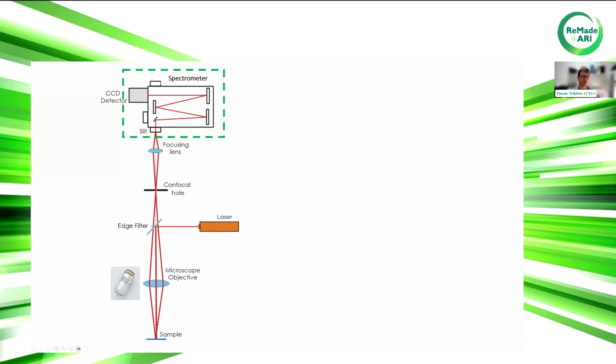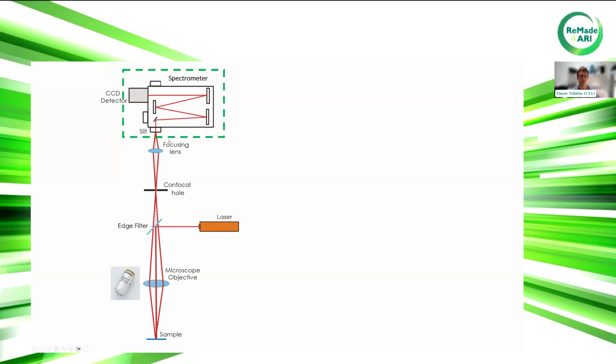This is also an important element, and there are two functions of this element. First, it will guide the light to the sample through the objective, and then when the Raman light is collected through the same way, it will let energies, in this case smaller than the laser energy, pass to the spectrometer through the confocal hole.